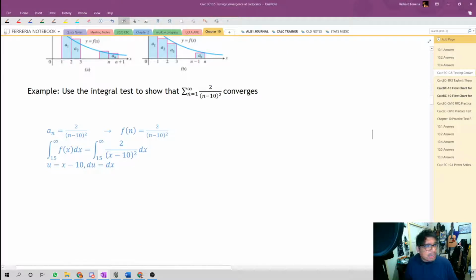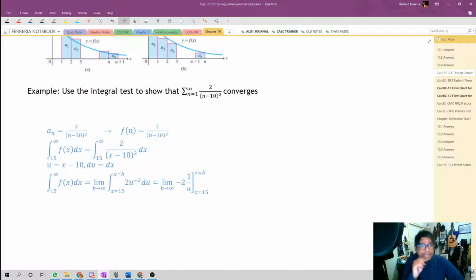We're going to say that u is x minus 10, and that means that du is the same thing as dx. So the integral from 15 to infinity of f of x is going to be the same thing as the limit as b goes to infinity of the integral from x equals 15 to x equals b of 2u to the negative 2 power du.